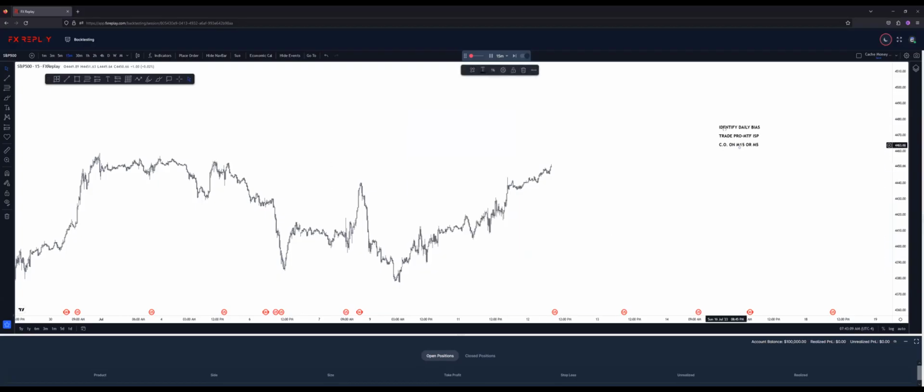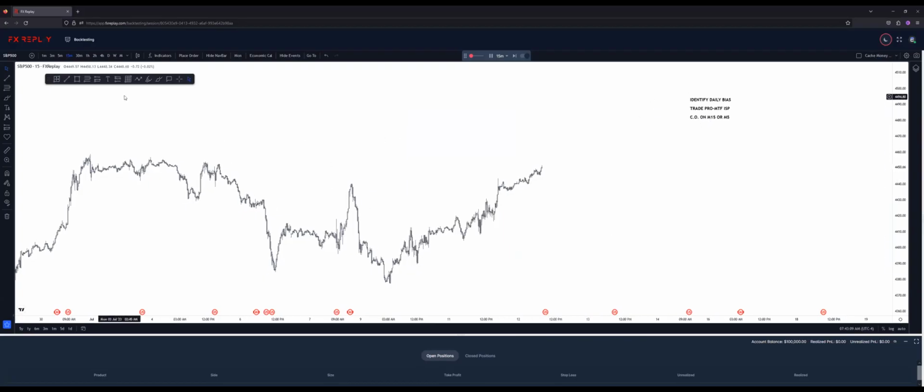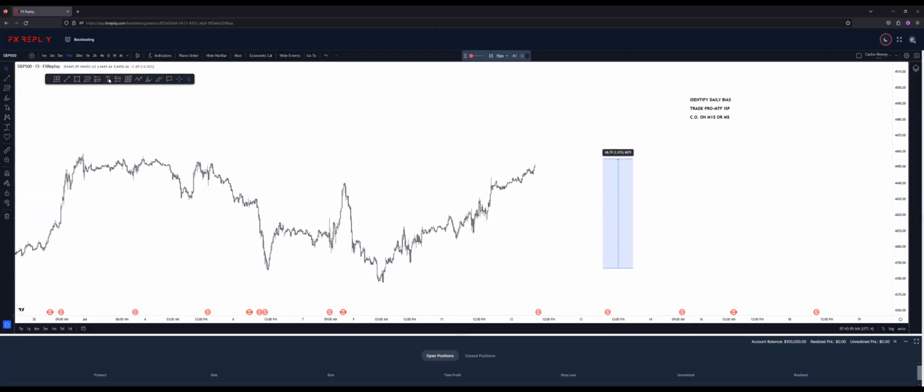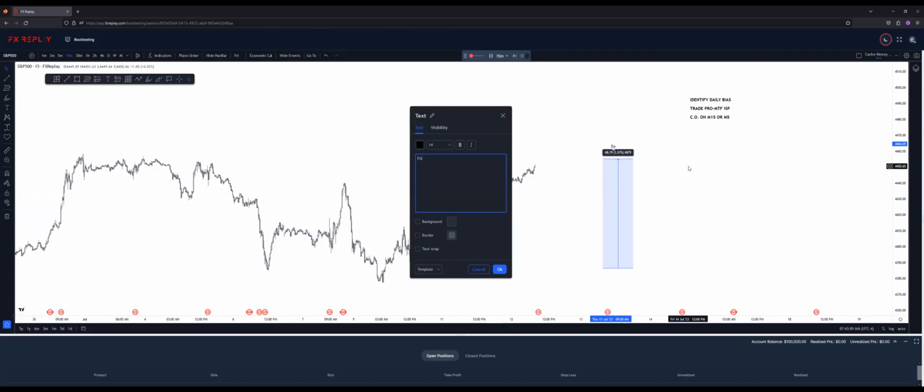Okay, so now we have basically what we're looking for, very simple, but what does this look like? So we're going to want to draw a little diagram of what that looks like. So our daily bias, for example, is going to be bullish in this little diagram. Daily bias is bullish.